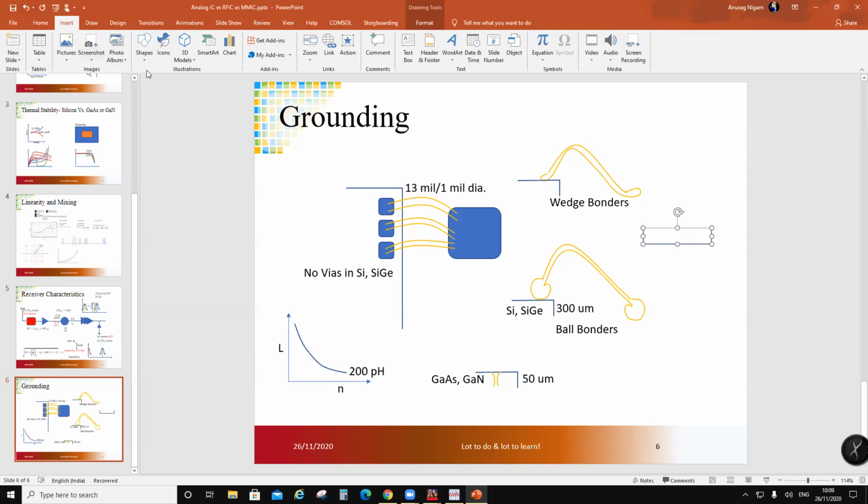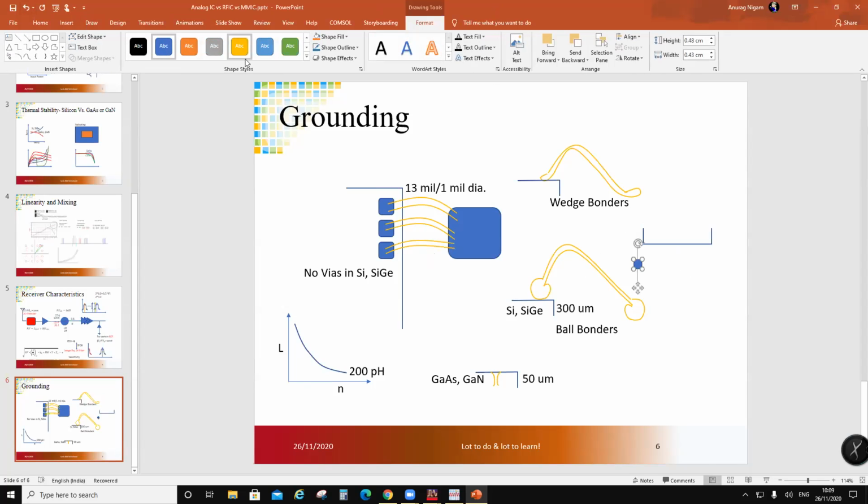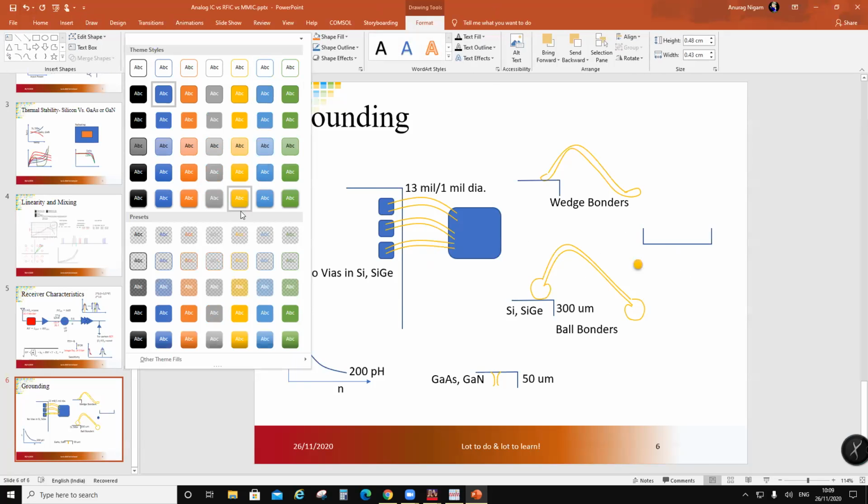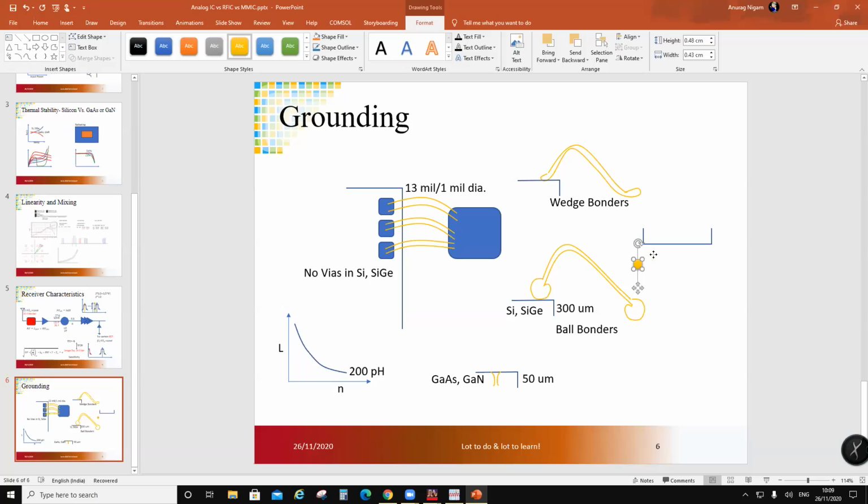So they are sitting on these balls, which are also called C4 bumps, and their inductances are much smaller.